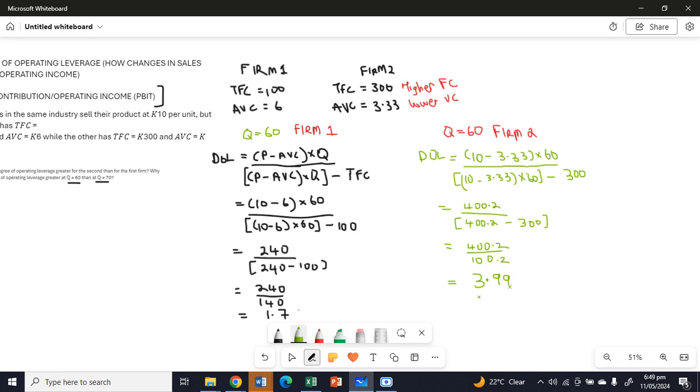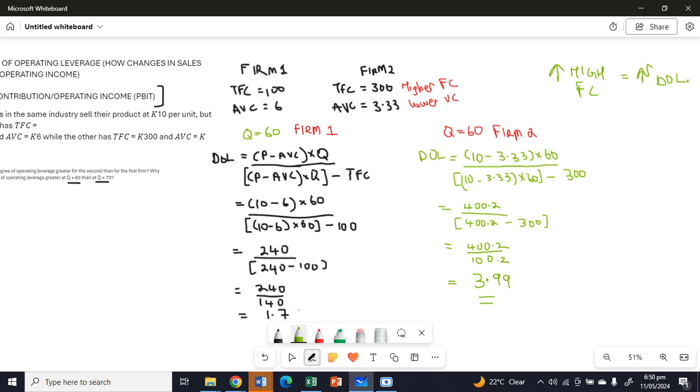So the first thing that I need us to realize here is that firm 2 has higher fixed costs than firm 1. So if you have high fixed costs, you have a high degree of operating leverage.